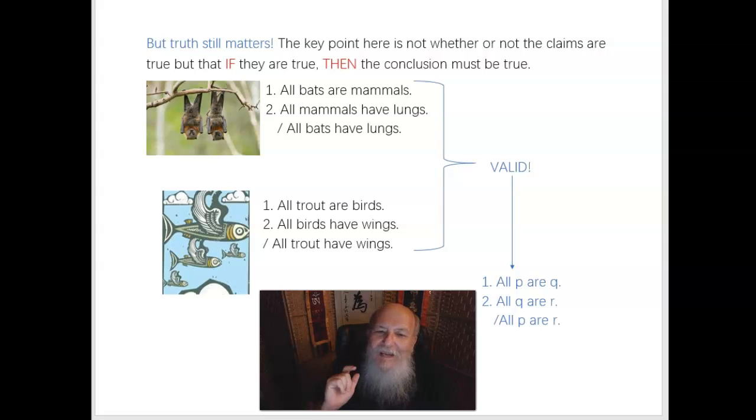Similarly, if all trouts are birds, and if all birds have wings, then it would have to be true that all trout have wings. Valid because it's an instance of this pattern: all P are Q, all Q are R, all P are R.